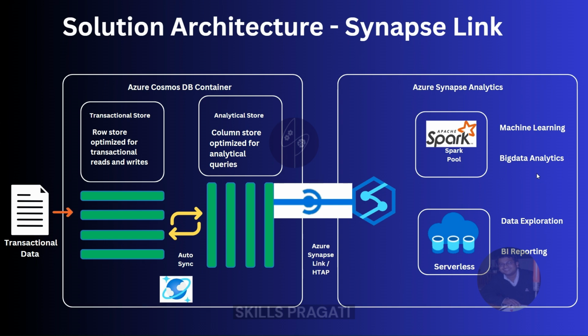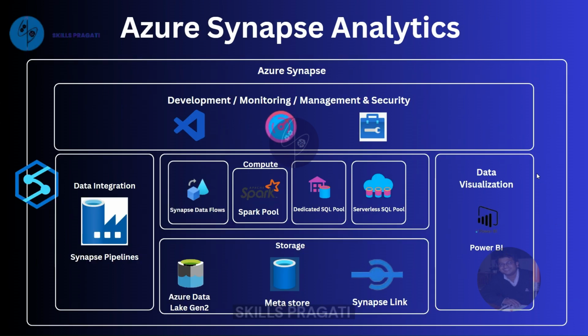In summary, our solution will touch most of the Synapse components. As I said earlier, when you build a real-world project, you won't be using all of these components at once, and you shouldn't be. For example, you don't need the dedicated SQL pool unless you're building a warehouse solution with predictable performance, and you won't be using Synapse data flows as well as Spark Pool as the compute engine in the same project.